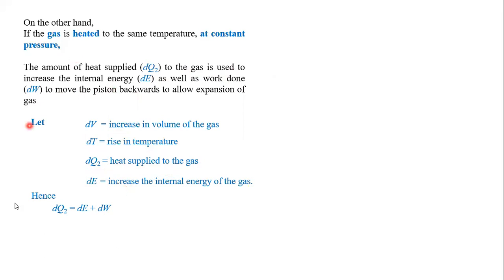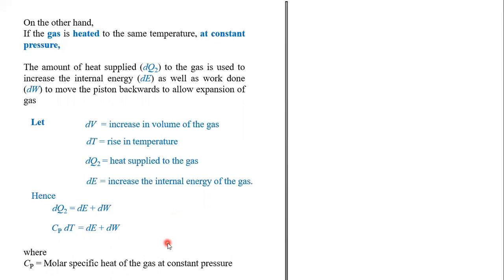Hence heat supplied is equal to increase in internal energy plus work done. So Cp dT is equal to dE plus dW. Here Cp is the molar specific heat of the gas at constant pressure.